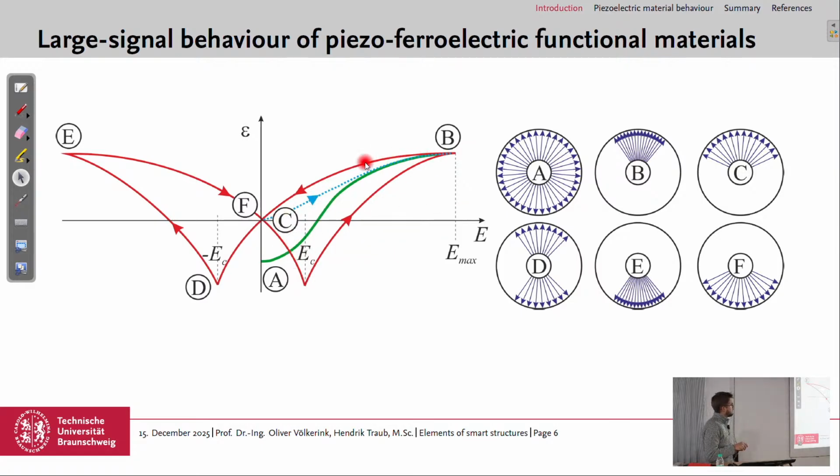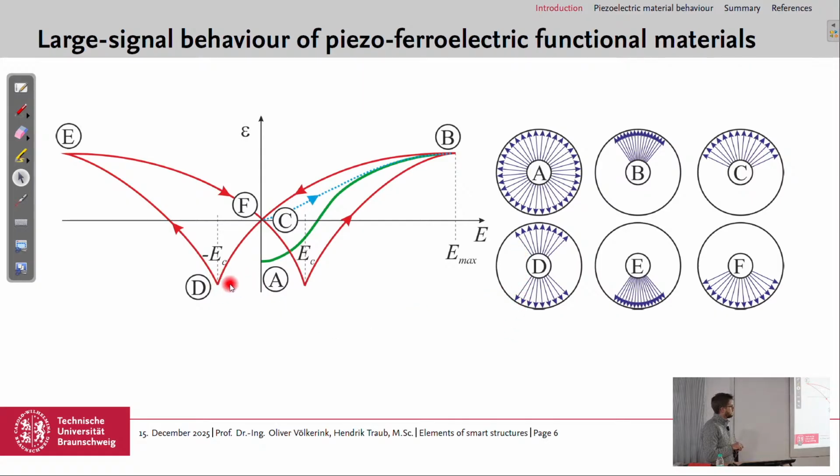So we are coming back from a high field to a 0 field, and if we then apply a field in the other direction, then we come down to point D, which is marked by the coercive field strength, or the negative one, and this is the point where we have polarization in opposite directions, and we again have no usable or macroscopic usable polarization.